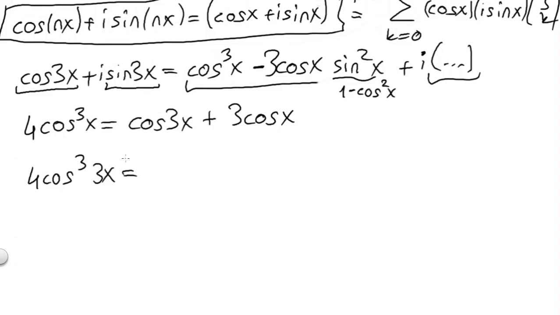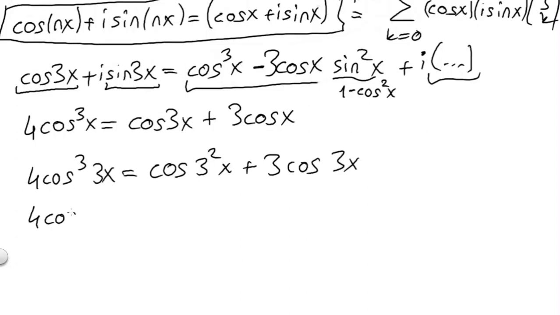So I can just say cosine 3, so I will put 3x, so this will be just 9x, or let's say 3 squared x, in parentheses, plus 3 cosine 3x. Let's write one more, 4 cosine cube. Now I will put 9x. This is gonna be, instead of x, I'm putting 3x, so everything is just cancelled by 3.